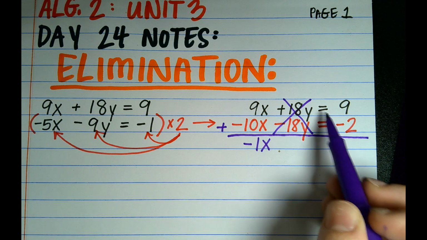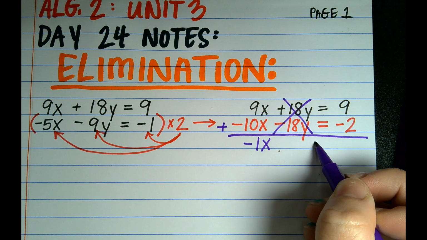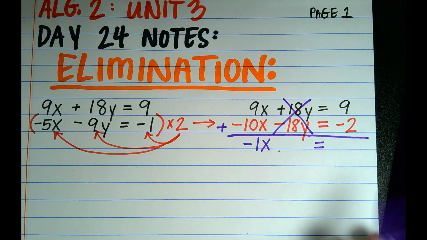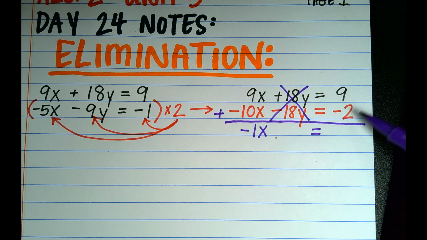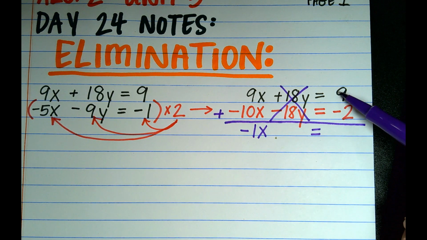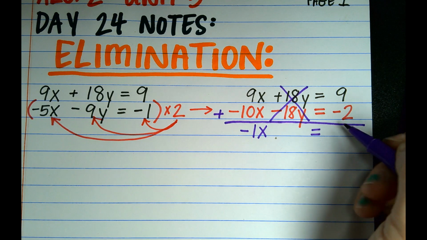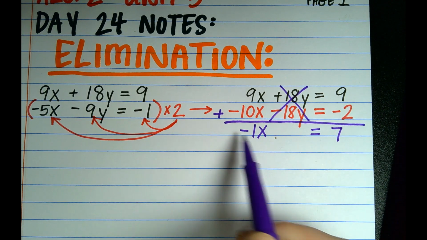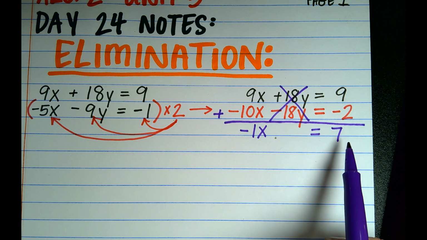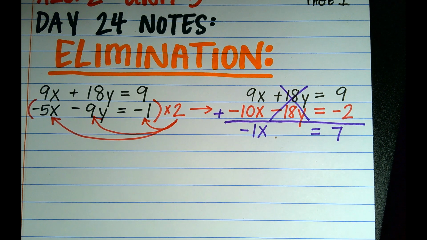Now I have my equal signs. I'm just going to bring those down. And my last step is the 9 plus negative 2, or 9 minus 2. 7. Positive 7. So now I have negative 1x equals positive 7. I'm almost there.